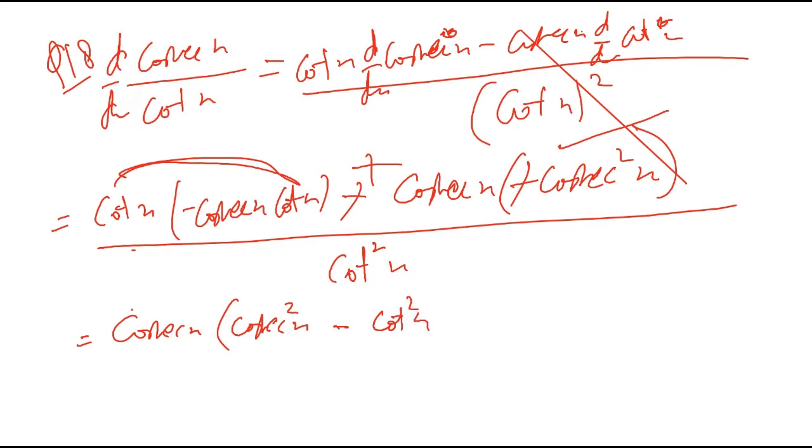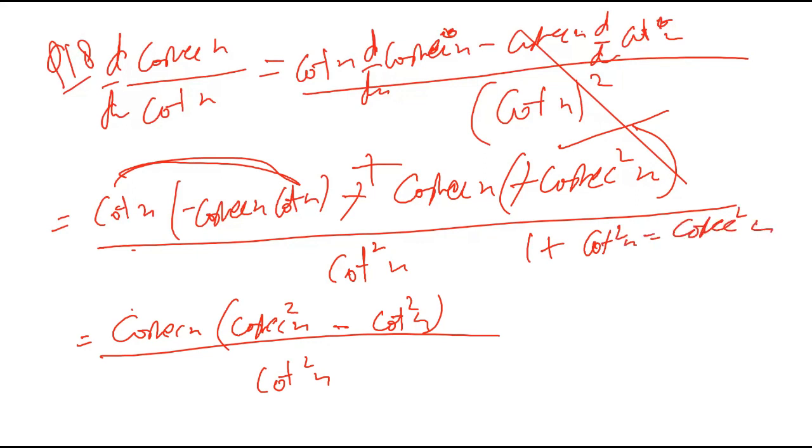The denominator there is cot square x. Now there is an identity. The identity is 1 plus cot square x is equals to cosec square x. That means if I take this down there, it will give you 1 minus cot square x. It will give you 1.